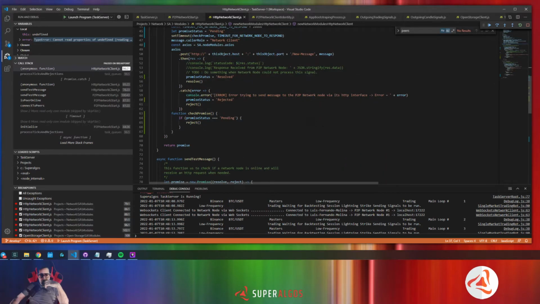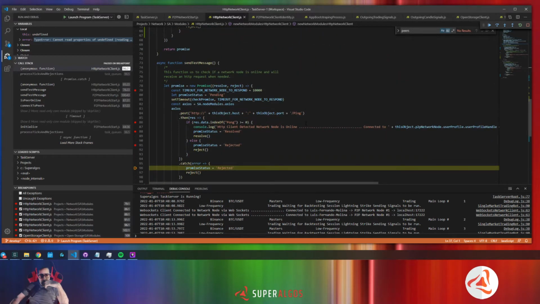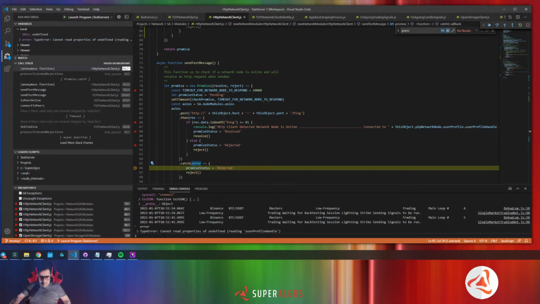Okay, here I am at port 1. Cannot read property of undefined, user profile handle. So where is that error happening?